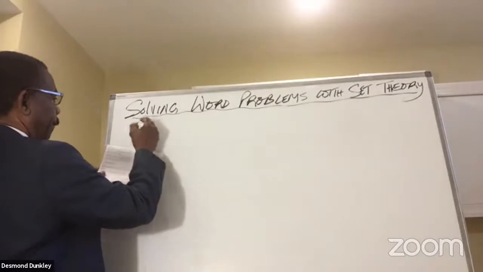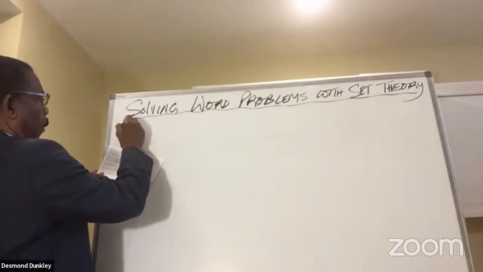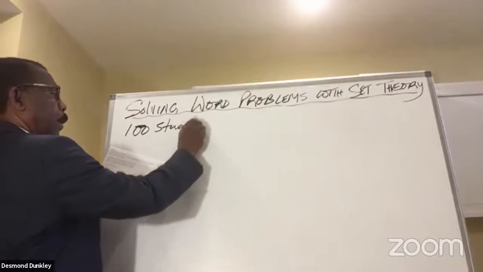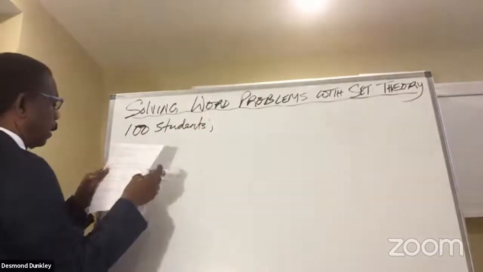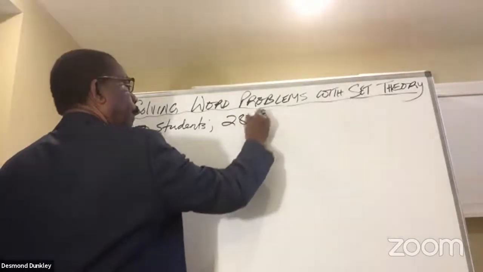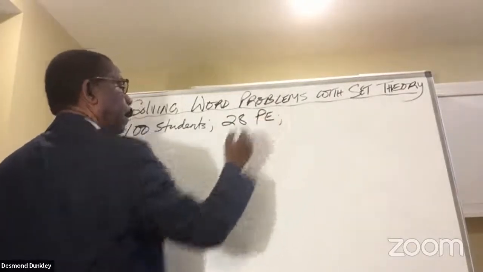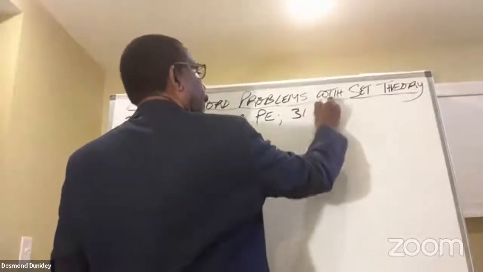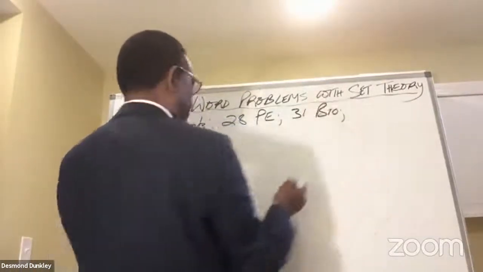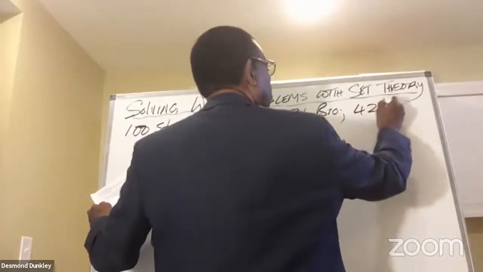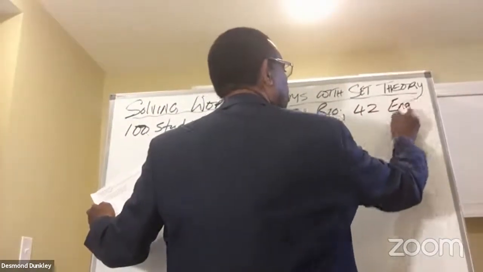So we have 100 students. We have 28 for PE. We have 31 for bio. We have 42 for English.